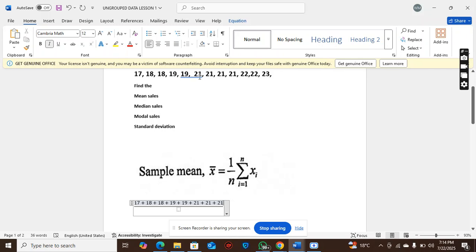Let me see how many 21s. 1, 2, 3, 4. 4 21s, plus 21, plus 22 plus 22 plus 23. And then since there are 12 numbers here, n is equal to 12. 1, 2, 3, 4, 5, 6, 7, 8, 9, 10, 11, 12.